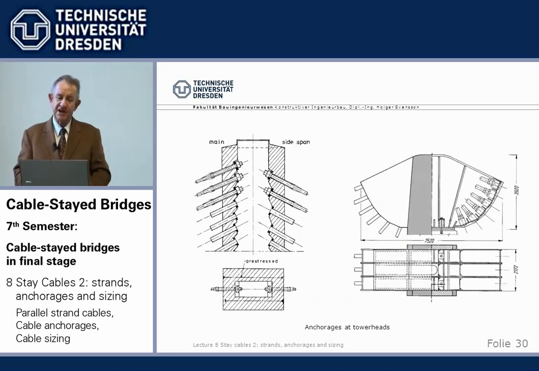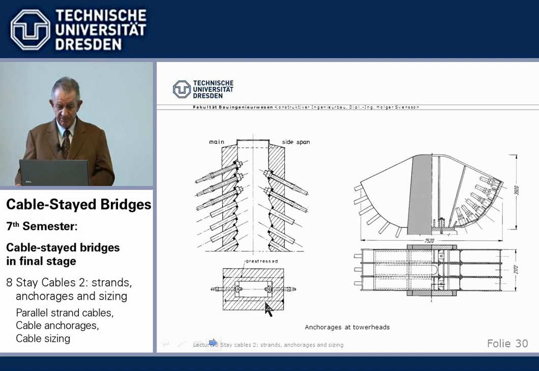Now, very generally, how do we anchor stay cables? In detail, we see that with the examples of different bridges we come to in the next semester. I just make it very roughly. Well, if we have a concrete tower head, the general solution is that we have a box cross section. We anchor the stay cables here and tie them together with post-tensioning.